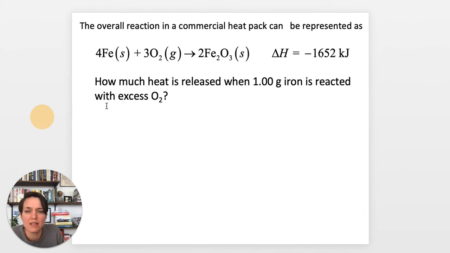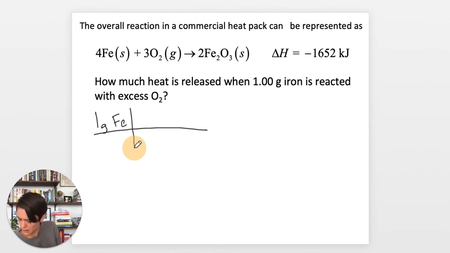All right, so now we have another problem. Same equation, but we're being asked how much heat is released when 1 gram of iron is reacted. Well, grams don't really tell us that much. So the first thing that you want to do, of course, is get out of grams and get to moles. So 55.85 grams of iron is 1 mole.